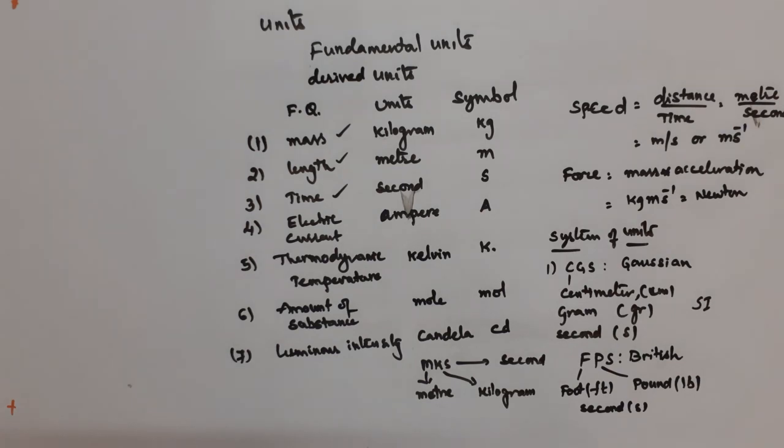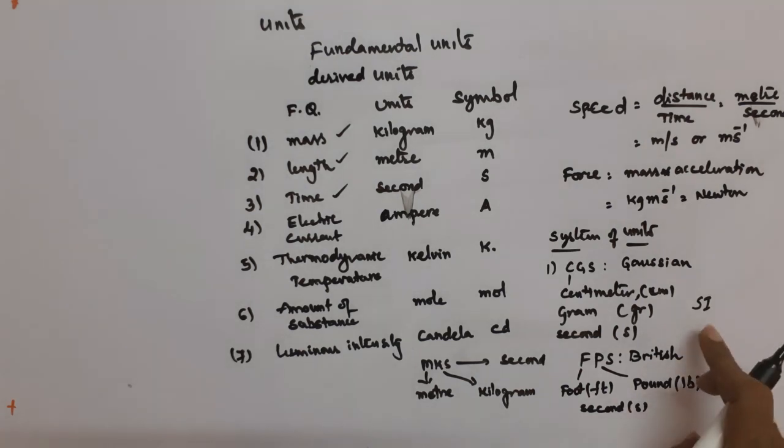It is a modernized and extended form of the CGS and MKS systems. This system contains 7 fundamental quantities. In addition to this, 2 more quantities are added.